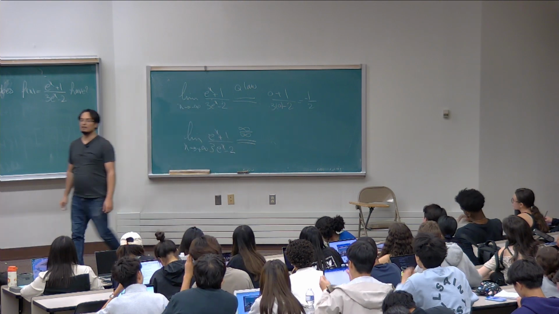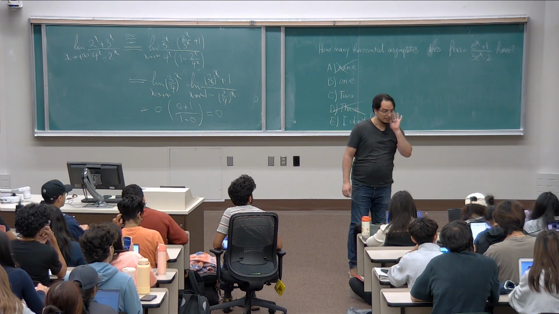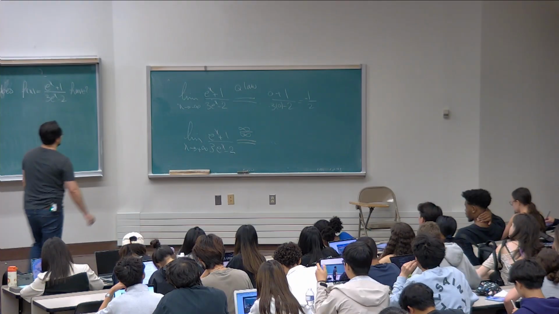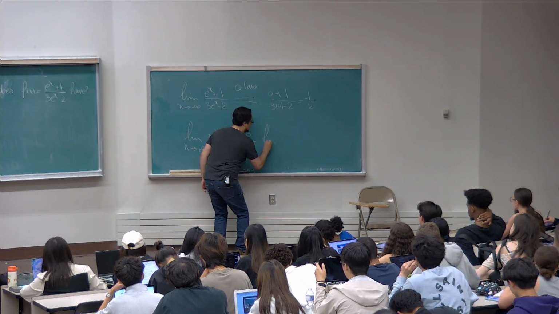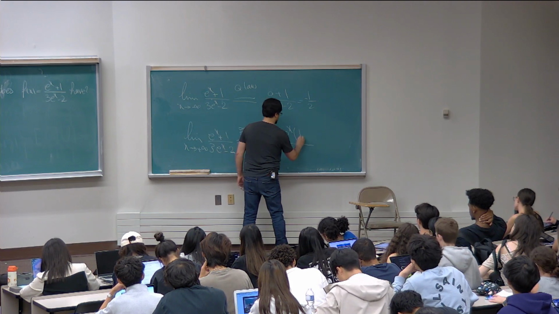infinity over infinity, you factor out the dominant term, yes? The dominant term in this case is e to the power x.